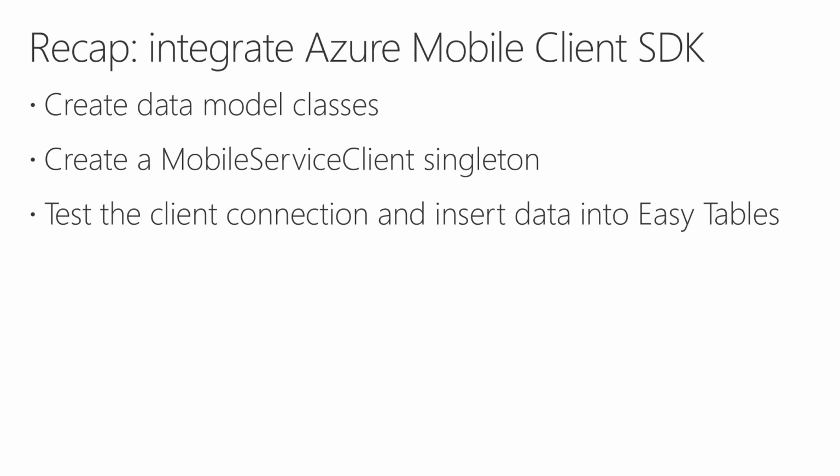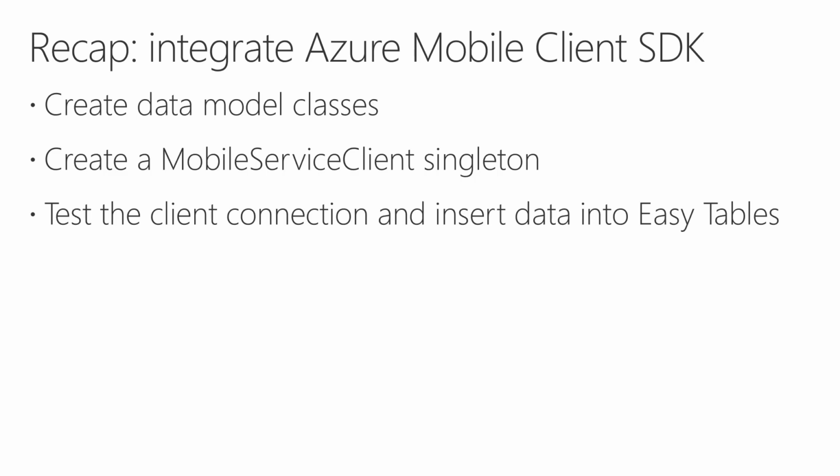And the next step was to create a mobile service client singleton. And this was the sort of single access point that we want to use throughout our game to connect to our Azure backend and get a hold of all of the tables and send and read to them.